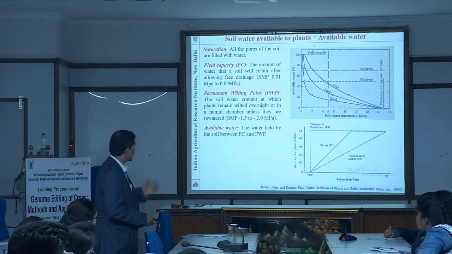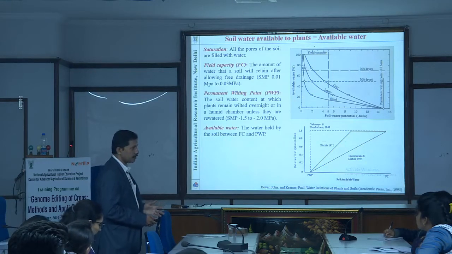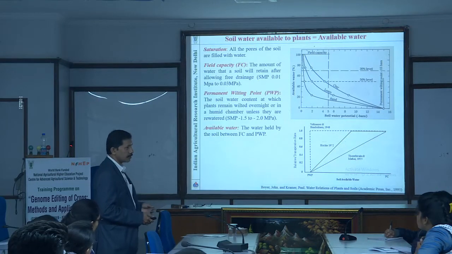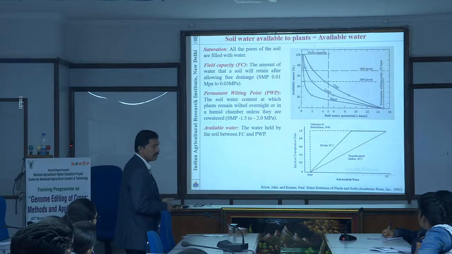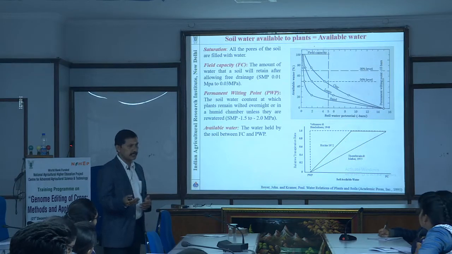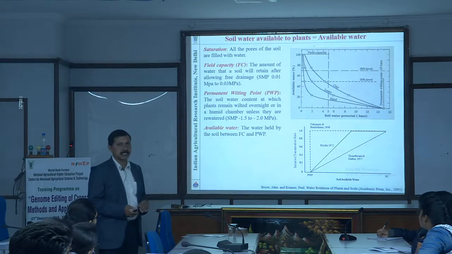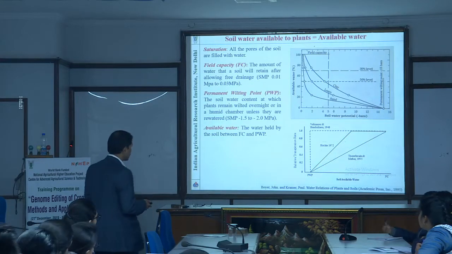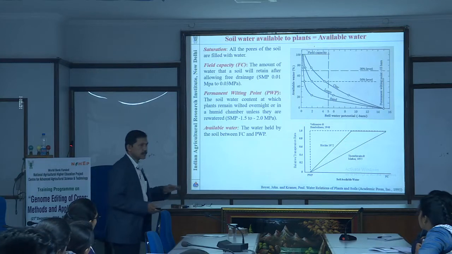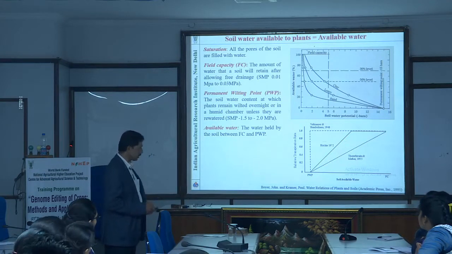So it is also important what crop you are dealing with. Maybe the control plant you irrigated daily so much that it already experienced stress, hypoxia or anoxia stress. That's why the control plant is not performing better. But for the other stressed plant you gave water which is just sufficient to maintain the field capacity or above 70% of the field capacity. That's why the plants performed well under those soil moisture conditions.